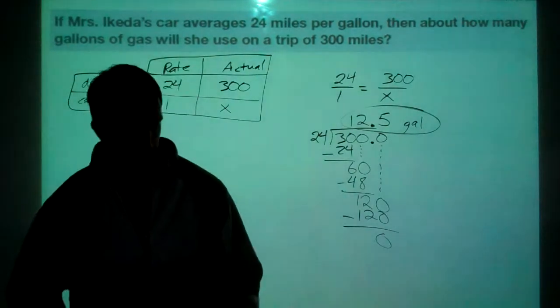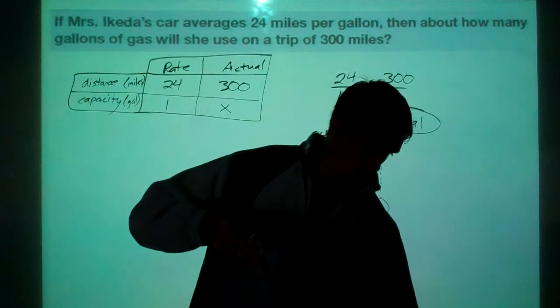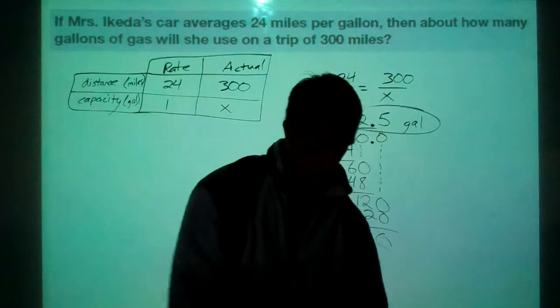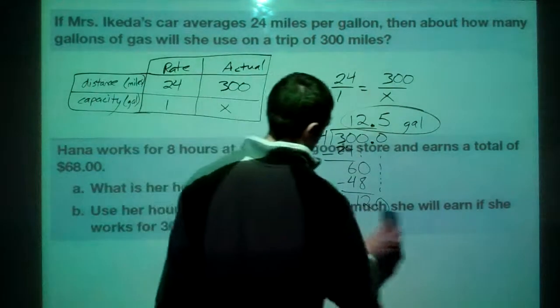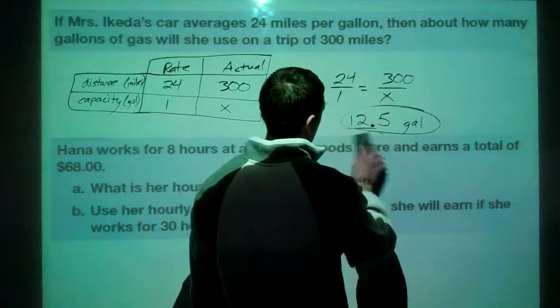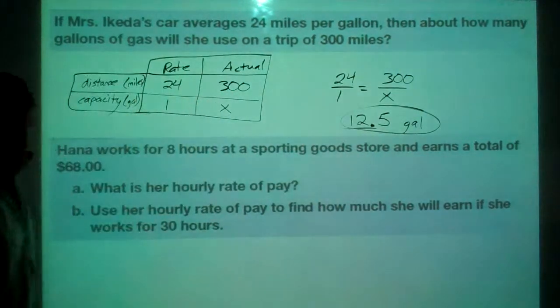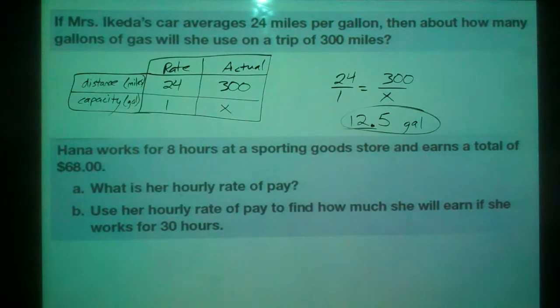Never hurts to double check, even if you are a math teacher. I check my work all the time. We got 12.5 gallons there. Alright, let's take a look at this one.